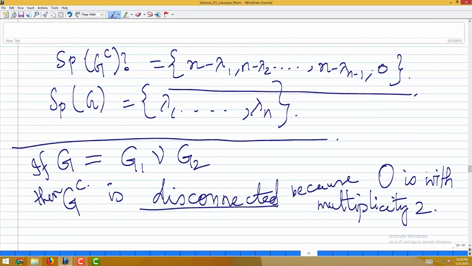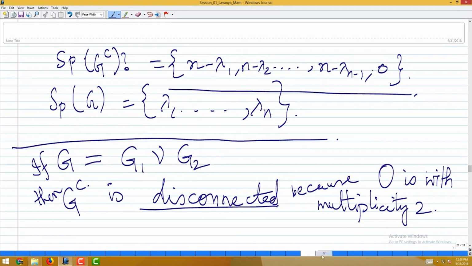Even looking at the structure of this graph, I can say it immediately. If I have two parts, they are completely connected, all edges are possible between these two. That is what I mean by join. If I take the complement of it, obviously all these edges are not going to be there. That means I am going to partition my graph into two sets, G1 and G2, and they become disconnected in my complement. This is what structurally you should be feeling, and you can realize the same thing from your spectral values.